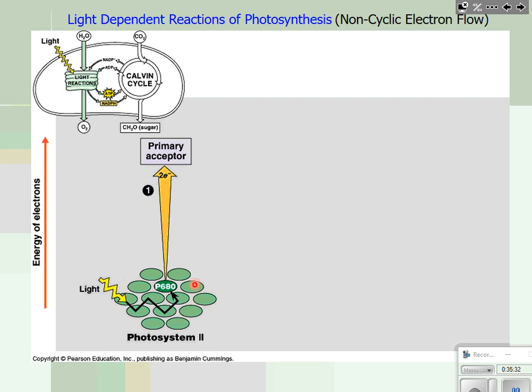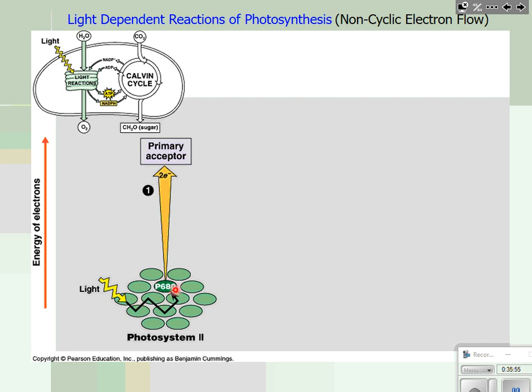The photosystems are embedded in the membrane of the thylakoid. So you'll notice right in the middle of photosystem 2 is a very important molecule of chlorophyll A called P680. This is called the reaction center.